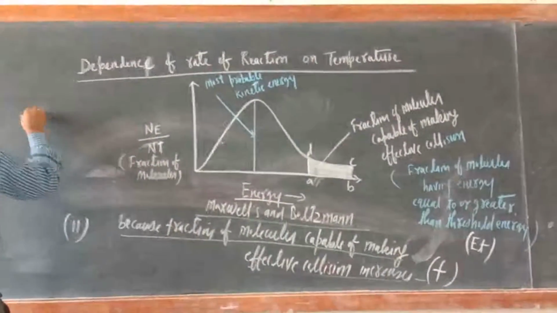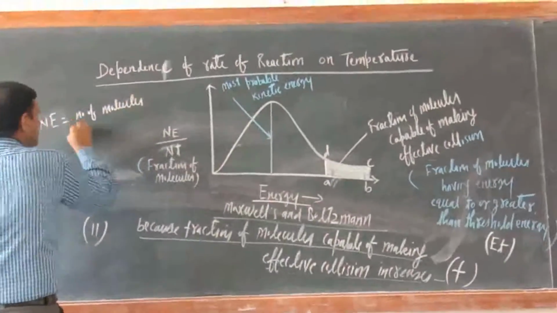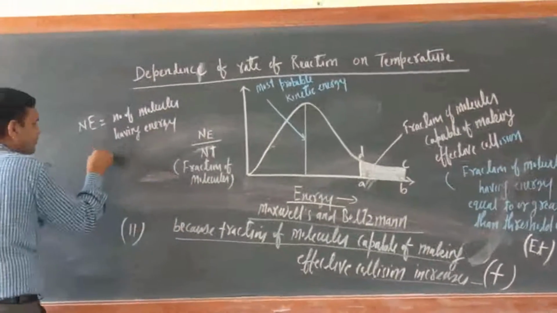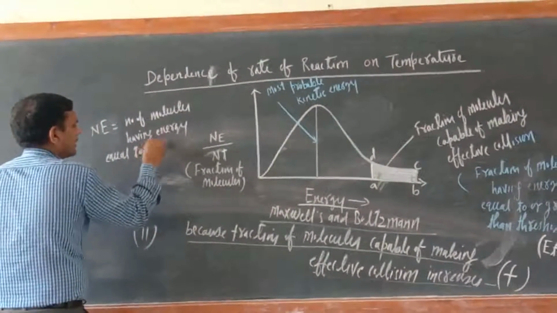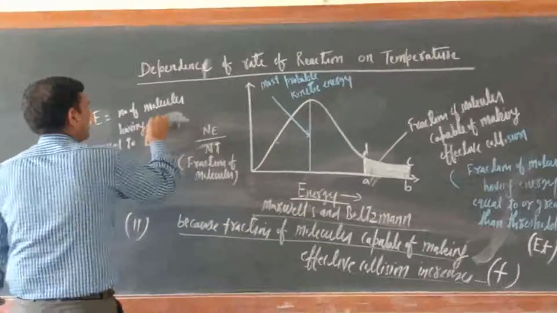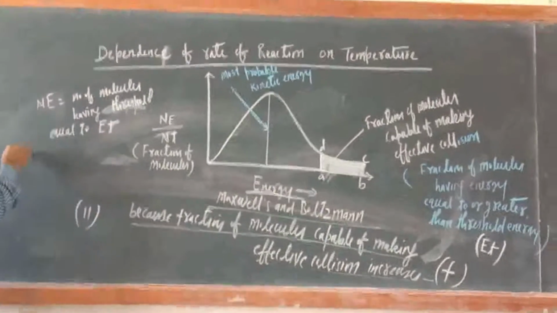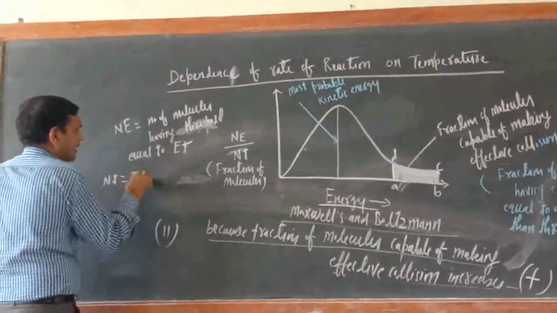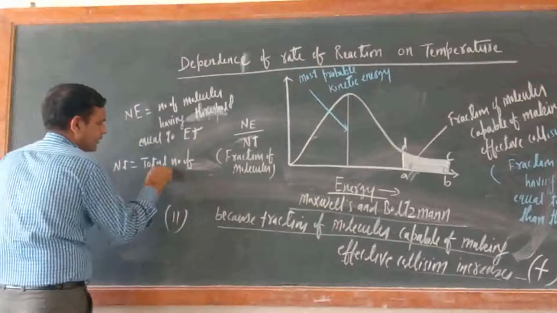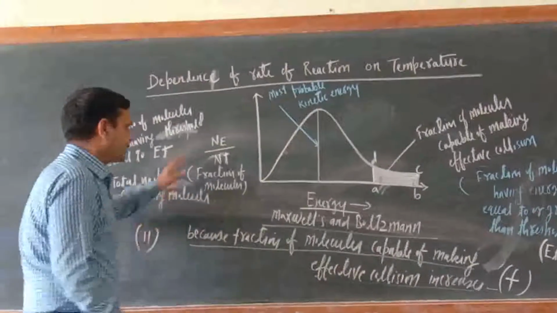Ne equals the number of molecules having energy equal to Ep, meaning threshold energy, and Nt equals the total number of colliding molecules. So just try to understand, they plotted a graph.